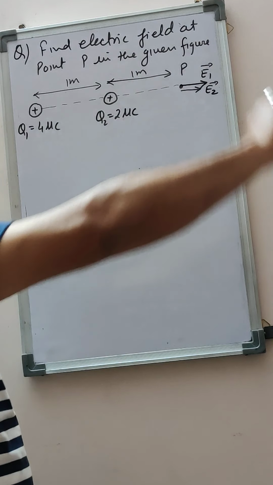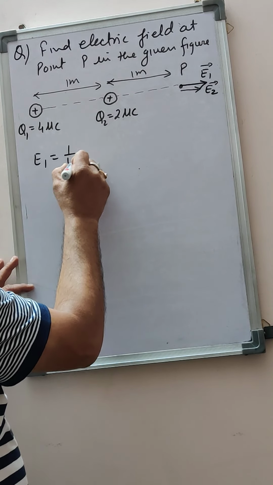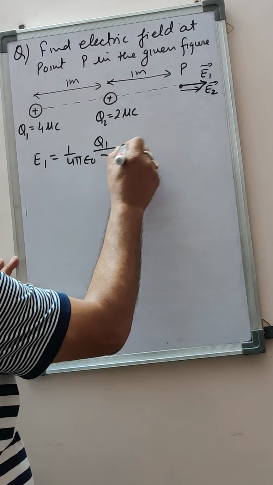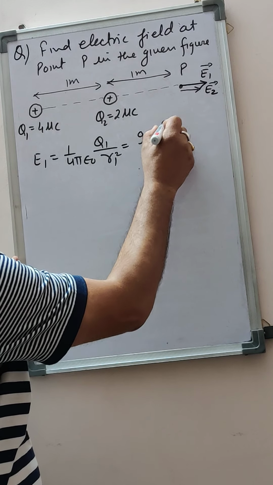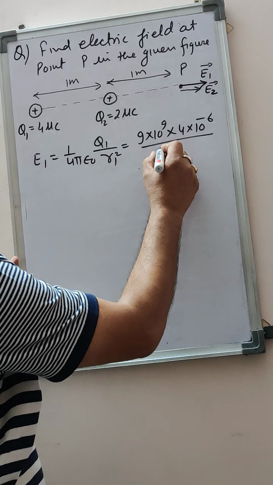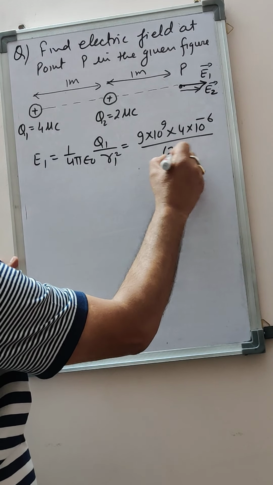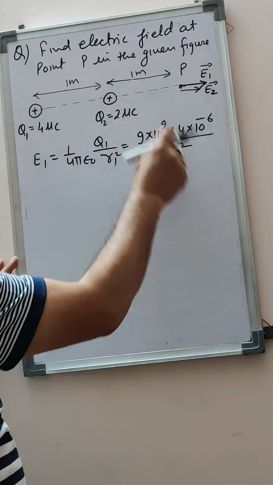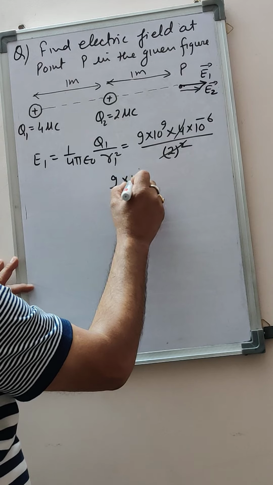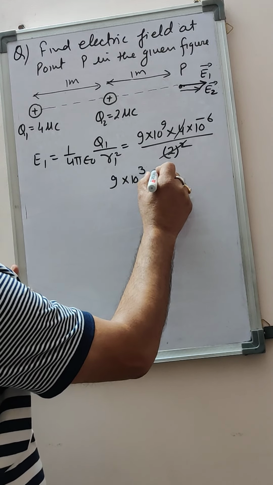E1 is right, E2 is right, and the value of E1 will be 1 by 4 pi epsilon naught Q1 upon R1 square, 9 into 10 power 9, 4 into 10 power minus 6, and R1 is distance from here to here, that is 1 plus 1, 2 square. This cancels out. 9 into 10 to the power 3 Newton per coulomb.